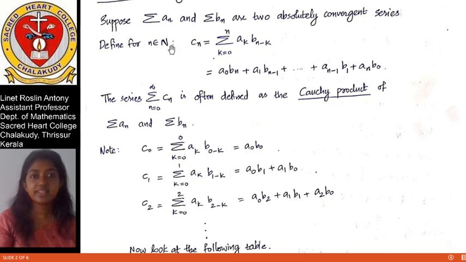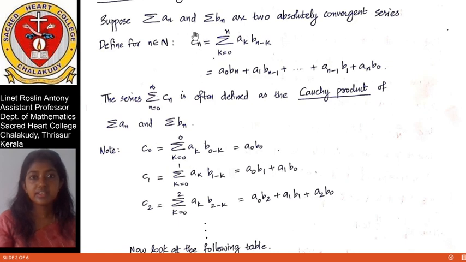Here n is varying in the set of natural numbers. This is nothing but just varying k. When k is equal to 0, it will be a0 b_n, so that is the first term. When k is equal to 1, it becomes a1 b_(n minus 1), plus etc., plus a_(n minus 1) b1 plus a_n b0. So this is what c_n is about.